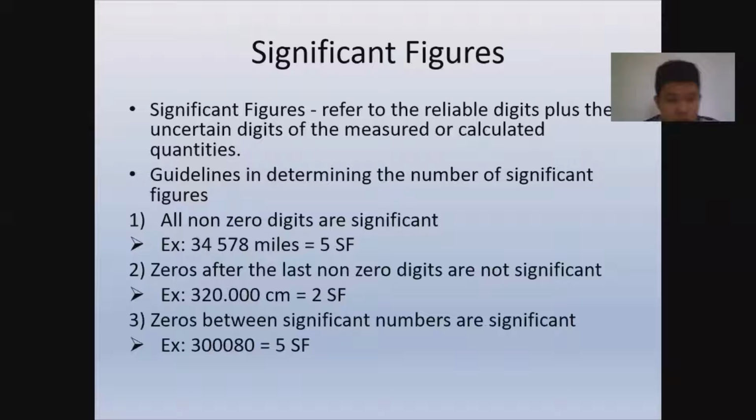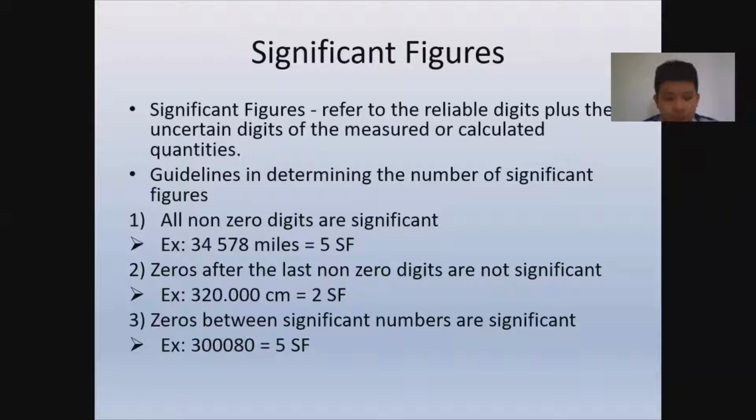The first guideline is non-zero digits. For example, 34578 miles is equal to 5 significant figures. And the second guideline is zeros after the last non-zero digit are not significant.